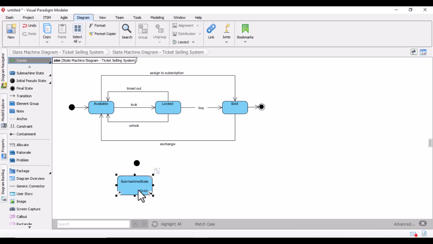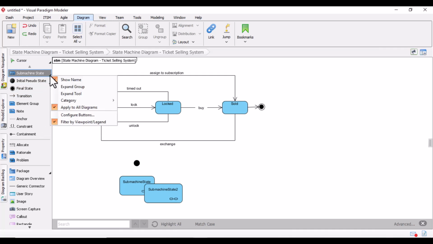Okay, now this is a state. I have chosen the submachine state, that's why it is coming. Just a second. I just need to go here and I should be able to get that.